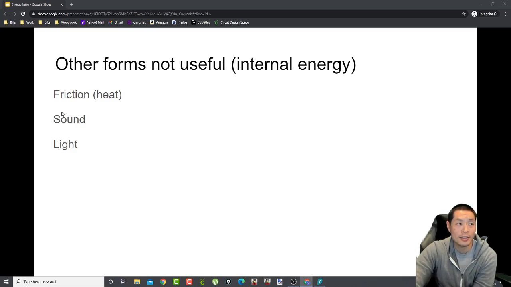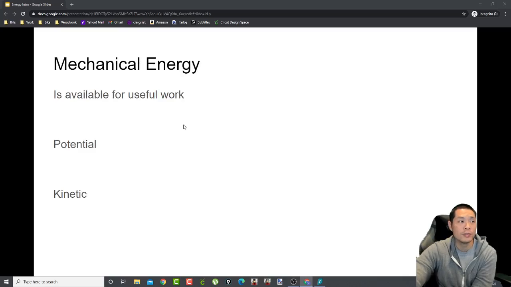That's also lost in sound. Once you create sound, it gets lost into heat as well. So these things do exist, but they're not useful energy in the sense that we can't harness it. The useful energies that we have are potential and kinetic. In most cases for us, potential is some sort of battery or a hydroelectric dam that's storing it up, or a chemical reaction.